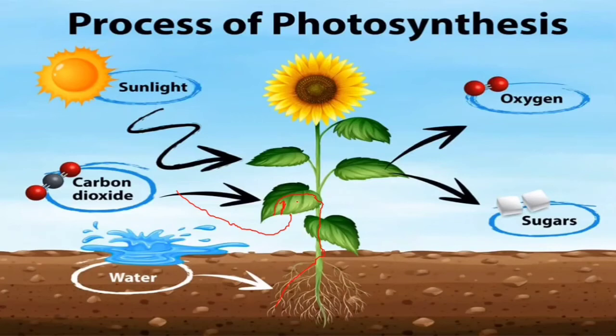That chlorophyll helps the leaves to make food for the plant. So that's why these are green in color, and these have chlorophyll, so that's why they can make food on their own. And this work is called photosynthesis.